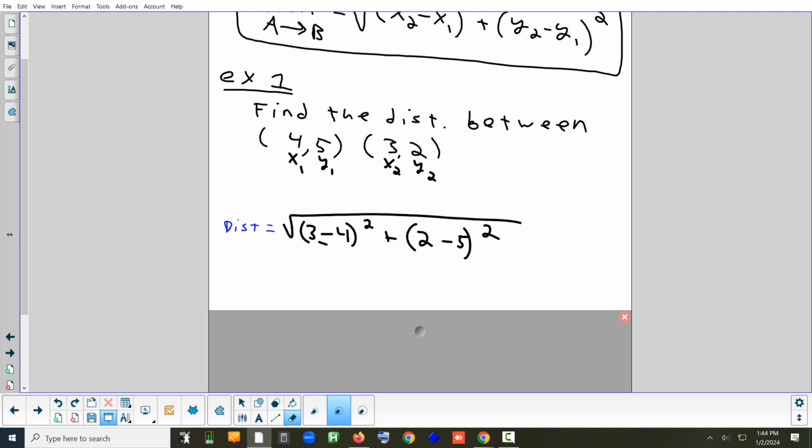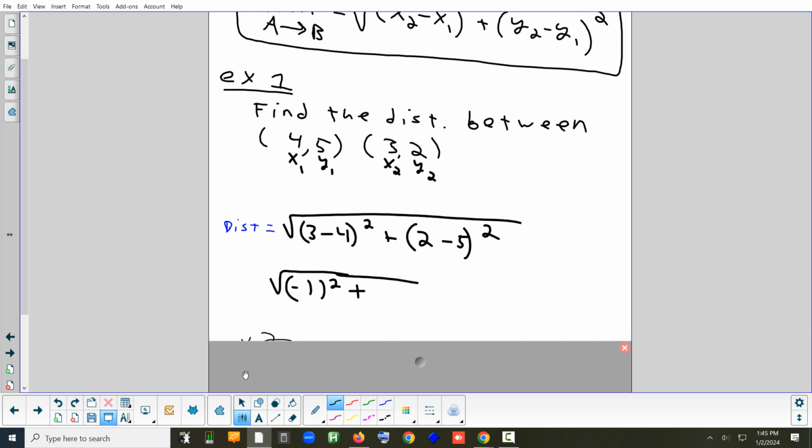Okay, so Isaiah, 3 minus 4 gives me how much? Negative 1, so that's negative 1 squared. Yep, so we'll square that and get 1 in a second. Okay. How about 2 minus 5? Negative 3. That's negative 3 squared.